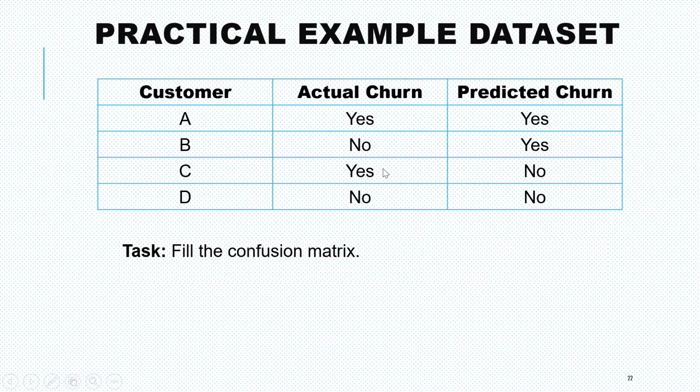For C, the actual we are expecting is yes, and it said no. So no means a negative response, isn't it? And the answer was also false, or it was right? No. So the C is false negative. Someone was about to say it and was not confident enough.